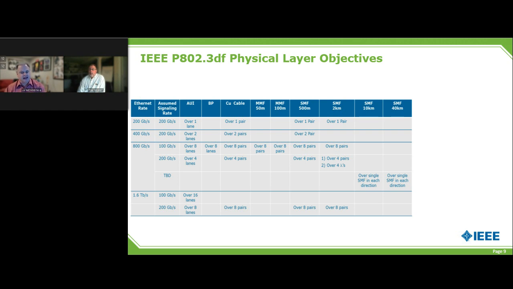So rather than wait to start a new project to leverage the technology being developed right now, we recognize the whole dichotomy of 1, 2, 4, and 8 pairs, and we are going to develop specs for 200 and 400 that are derivatives of the work we do for 800 and 1.6. So it's really the Ethernet community trying to work faster and smarter to deliver more solutions quickly.